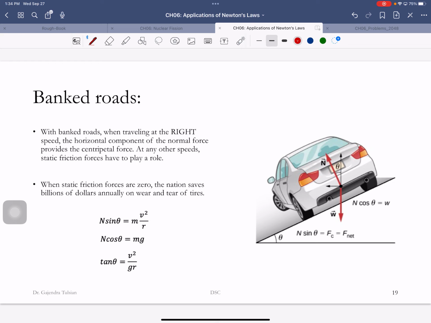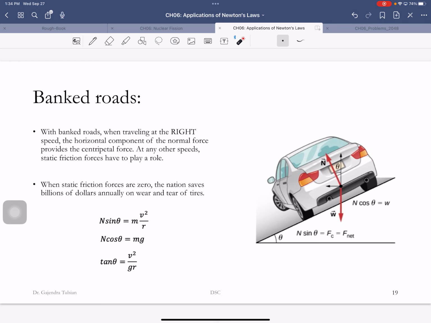The speed there is, I think, 90 miles an hour or so, for no friction. So if you throw an ice cube, you have to throw it at 90 miles an hour for it not to slide up and down. So banking means you don't need friction forces if you have banked angles.